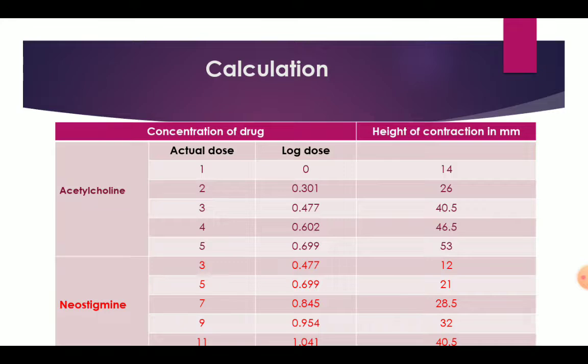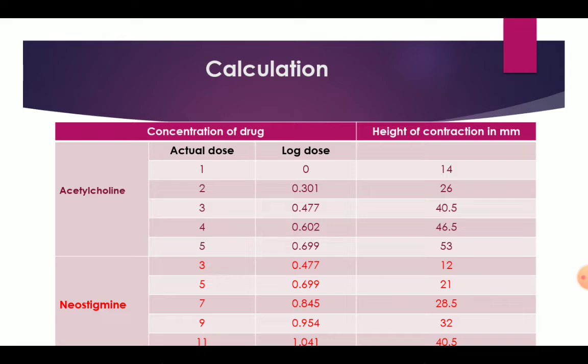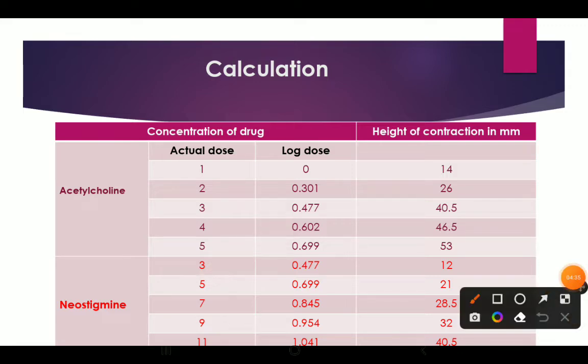And then height of contraction, you have to memorize a few things, like for 0 it is 14, for 0.301 it is 26. So you have to memorize a few numbers like this. And also you have to memorize the neostigmine numbers.